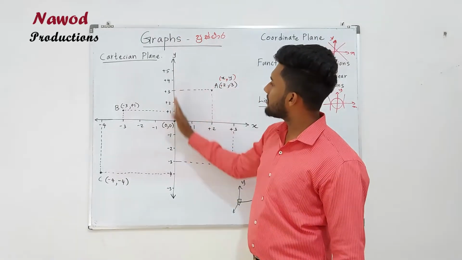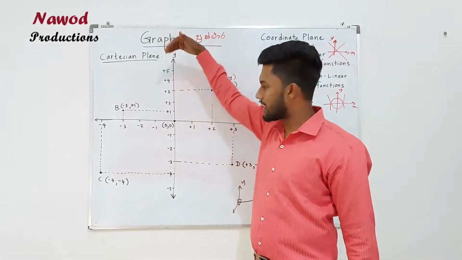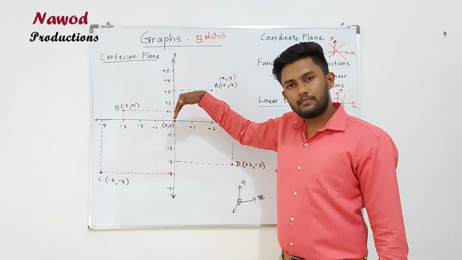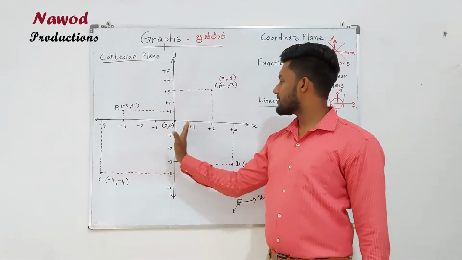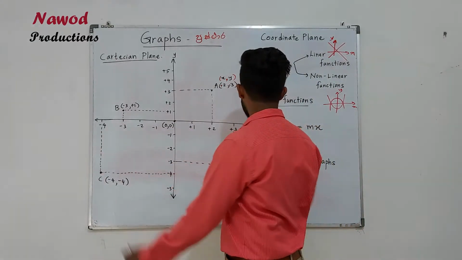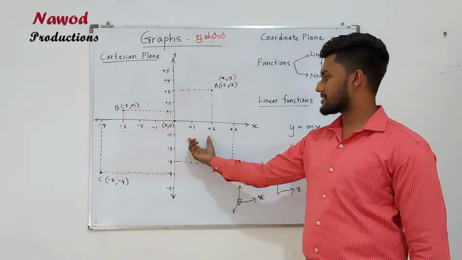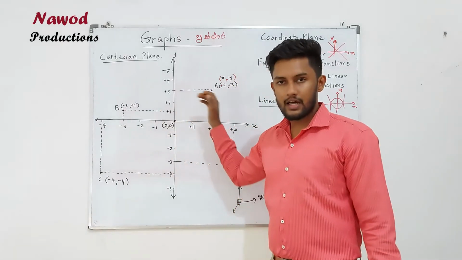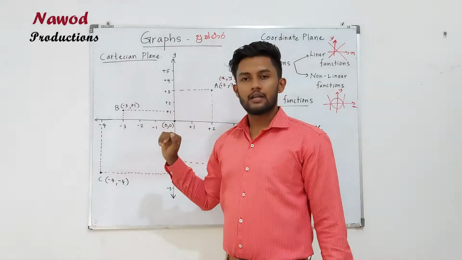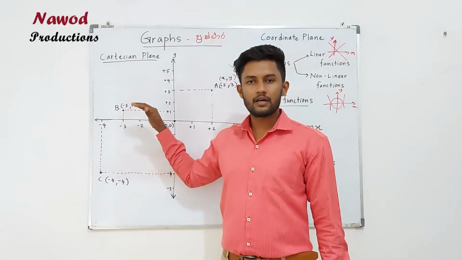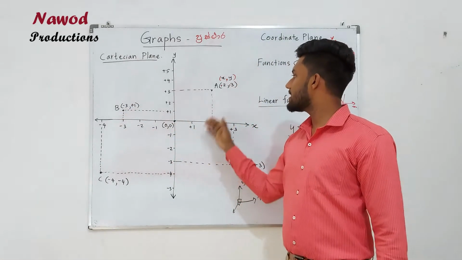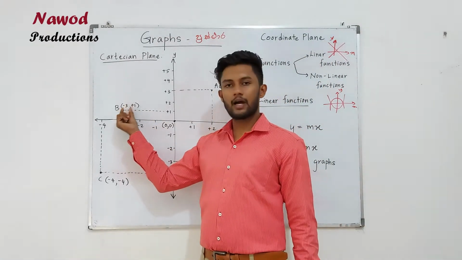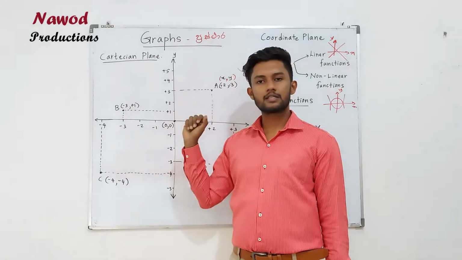To this side, the y-axis goes to the positive side. To the opposite side, it goes to the negative side. Then here, when considering the right side of the x-axis, it goes to the positive area. On the other hand, it goes to the negative side of the Cartesian plane. Then here, when considering this point B, the x value is minus, the y value is plus.